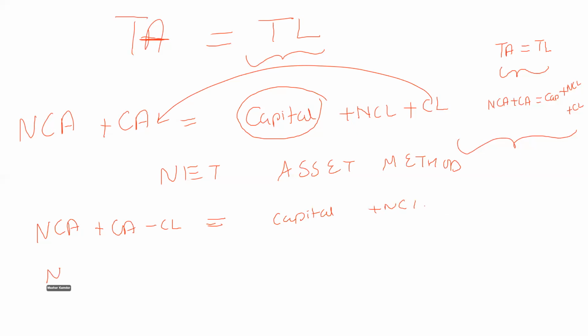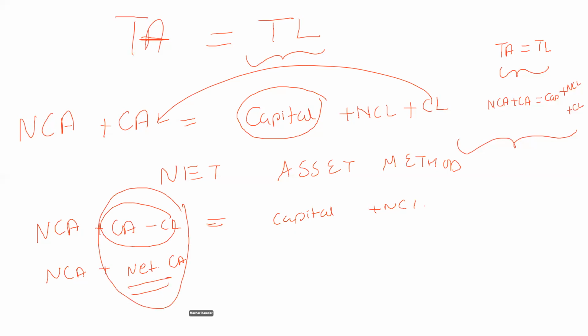So non-current assets plus the net, what? Net current assets. What is the net current assets? Current assets minus current liability will give you your capital, or you could say your net assets.